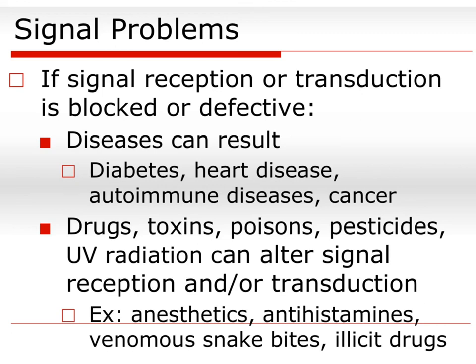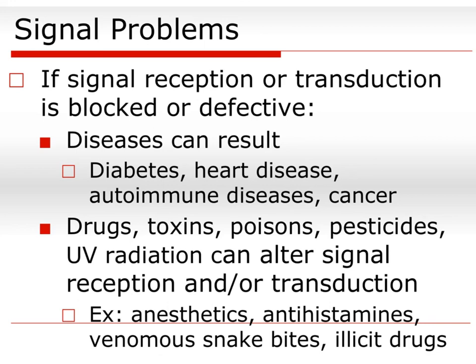You also can have temporary things like anesthetics and antihistamines that can temporarily block signals. And for various reasons, like an antihistamine is trying to stop the cells from producing histamine, and histamine is what makes you all snotty when it's allergy season, right? So that release of excess mucus is because of histamines that get produced by cells in excess in response to a particular antigen in your body, like pollen or whatever.